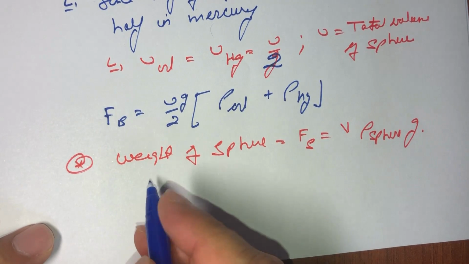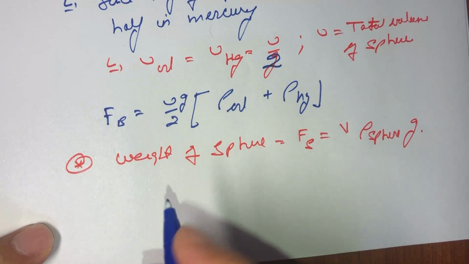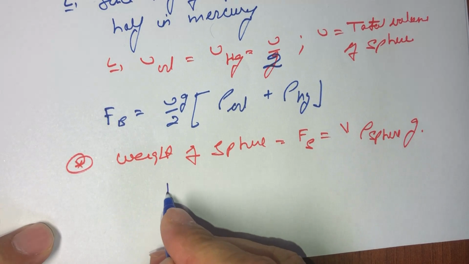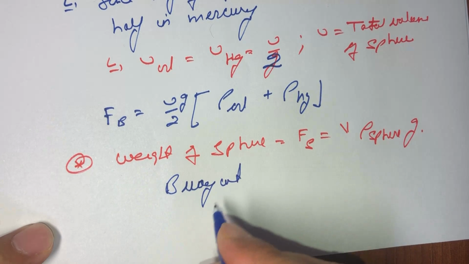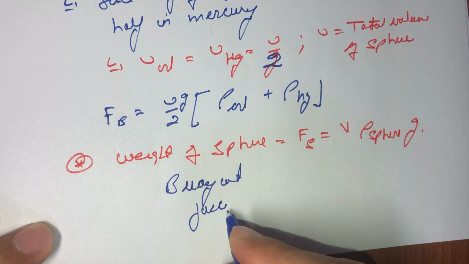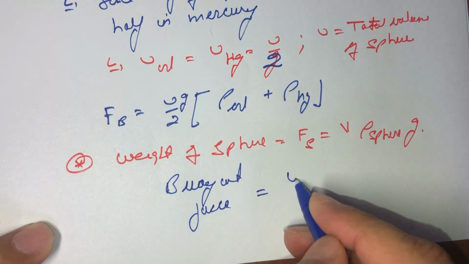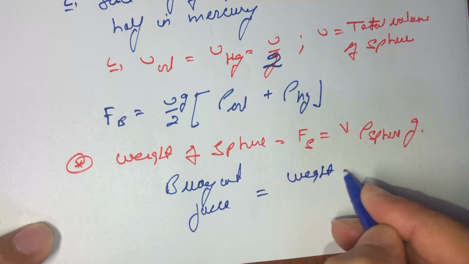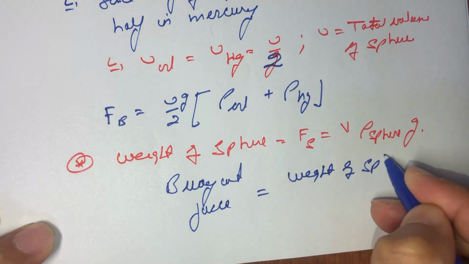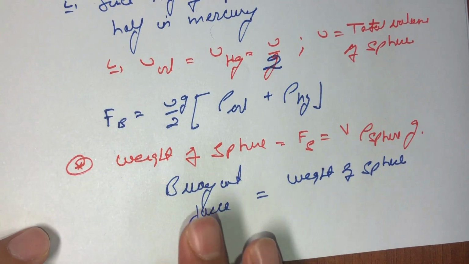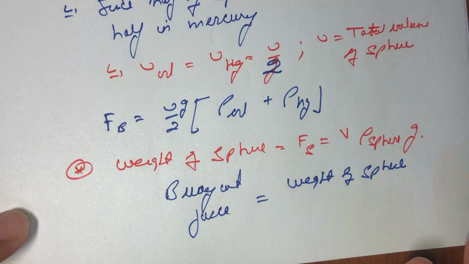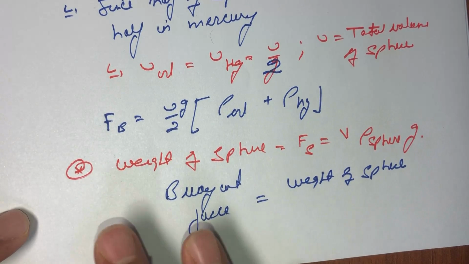We already know that the buoyant force will be balanced by the weight of the sphere. The buoyant force is equal to the weight of the liquid displaced by the sphere, and that will be equal to the weight of the sphere.